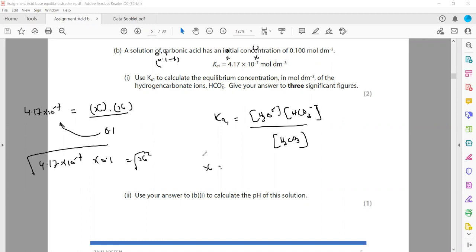This will give us the concentration of HCO3 minus ion at equilibrium, which is 2.04 times 10 to the power minus 4.